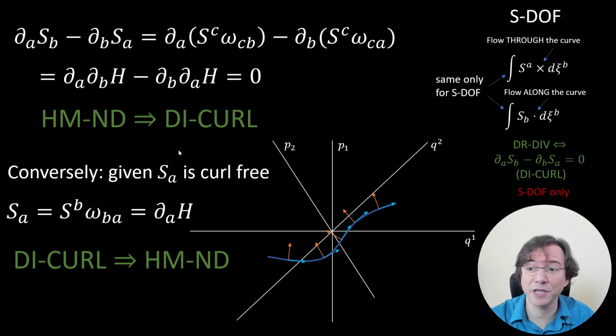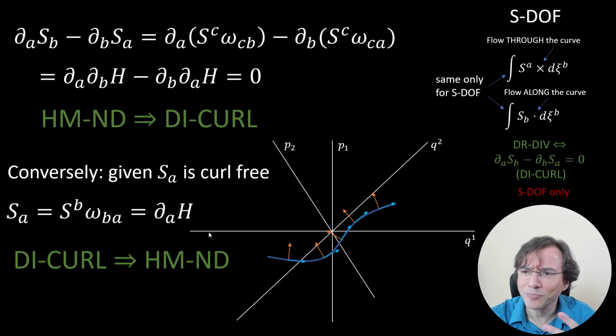And this does work in reverse. If we assume that S_A is curl free, so if we assume that this is 0, then we know that this can be seen as the gradient of a potential that we call H. And since we know that this is the rotated displacement field, we can write it in this form, and therefore these are Hamilton's equations. So the condition that the curl of the rotated displacement field is 0 is actually an equivalent condition to Hamilton's equation.